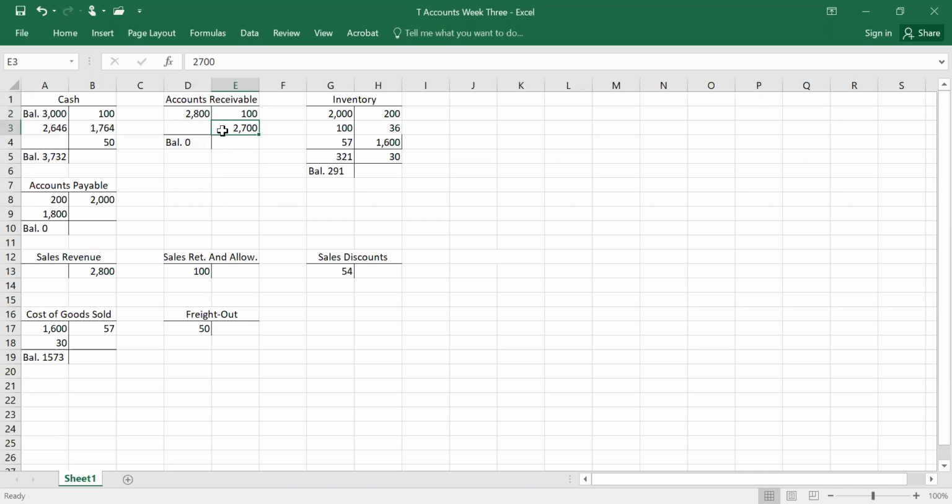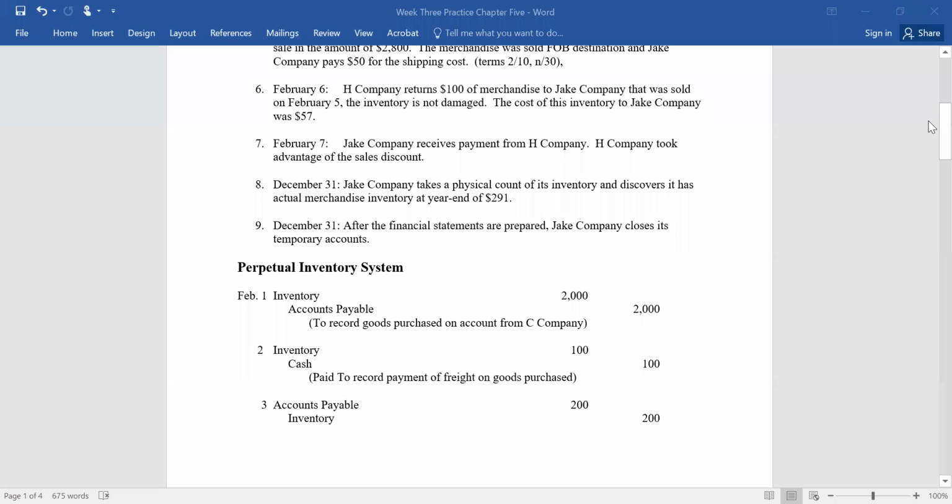So what we're going to have to do is credit that for $2,700 because the balance should now be zero. They don't owe us that receivable anymore. So we're going to credit accounts receivable for $2,700. If you look back to the practice, I'm going to show you that entry.